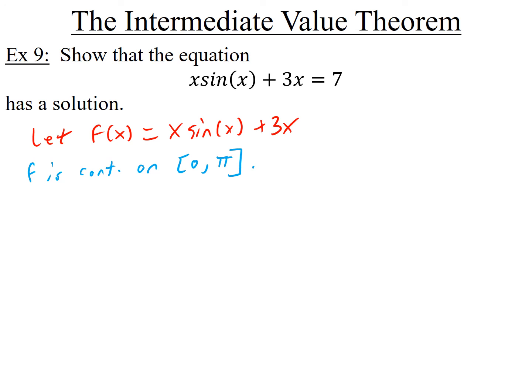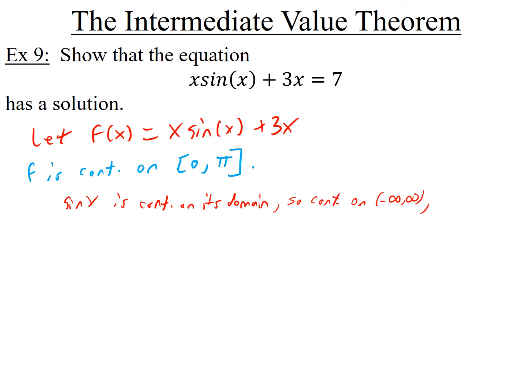So here's the deal. I'm going to start with the sine. So sine x is continuous on its domain because we had that result that said trig functions are continuous on their domain. The domain is all real numbers, so it's continuous on negative infinity to infinity.